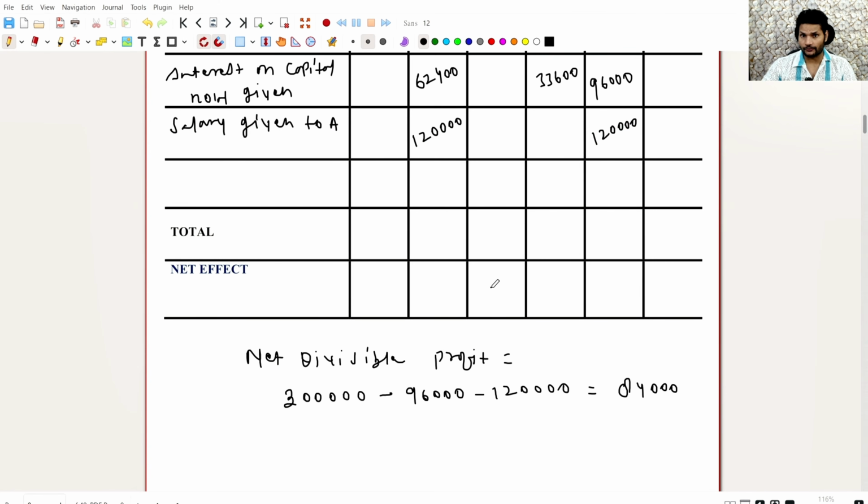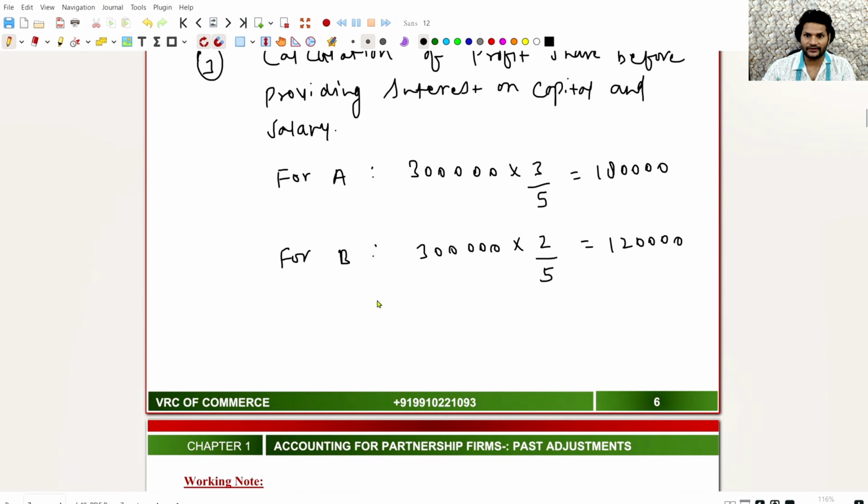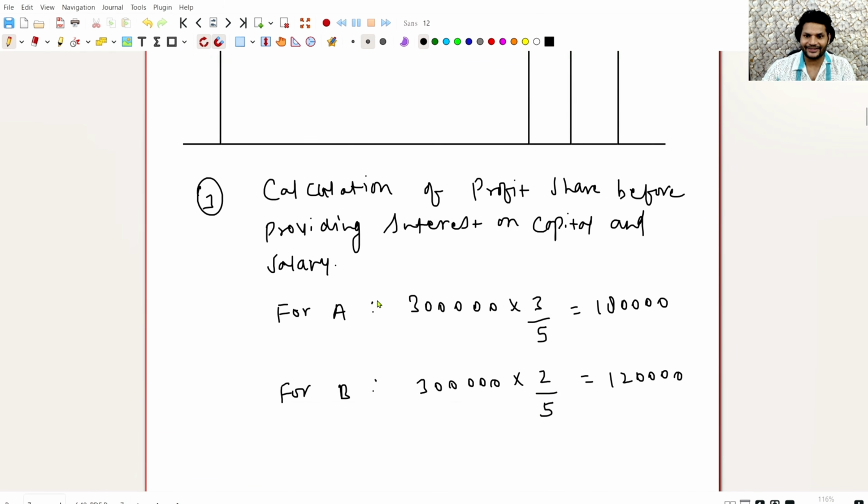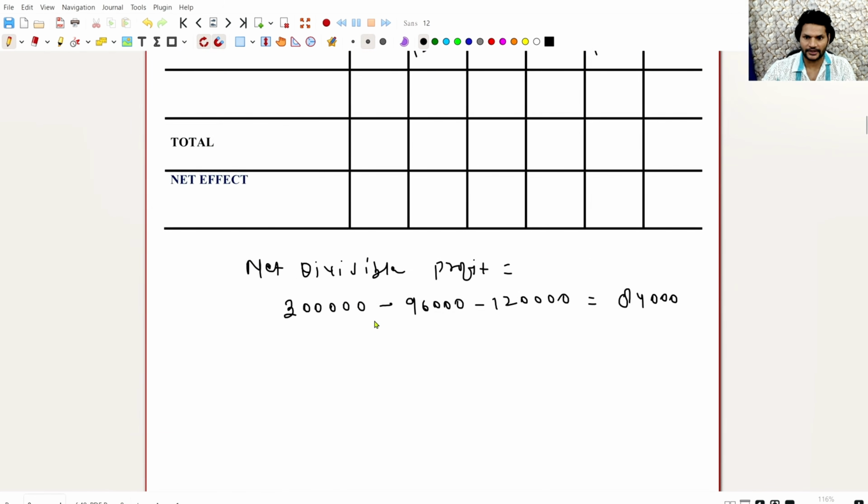Now this will be distributed between A and B in the profit sharing ratio. So let's check what is the profit sharing ratio. This is 3:2. Okay, so for A, 84,000 into 3/5. So what is the value?